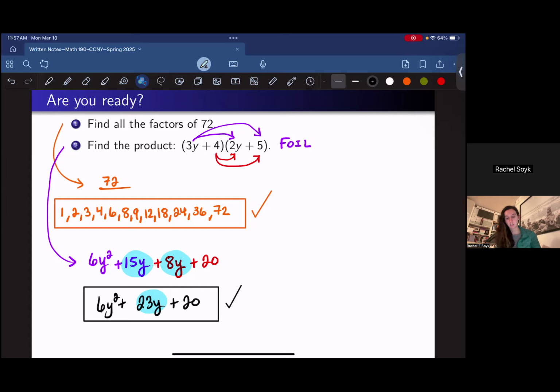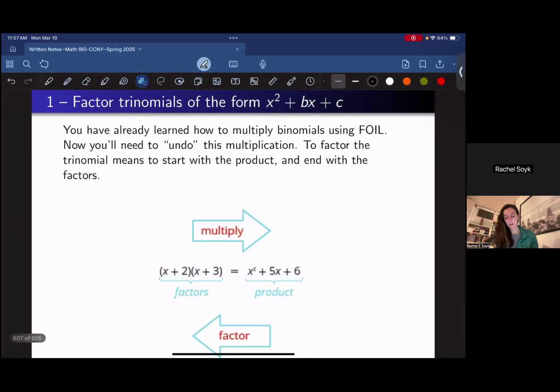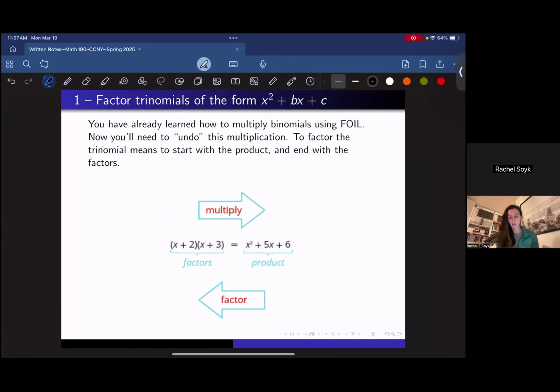All right, let's go to the next slide, which is a notes slide. Getting into that first objective, we're going to learn how to factor trinomials of the form x squared plus bx plus c, more specifically, that coefficient of x squared being 1. How do we go about doing this?